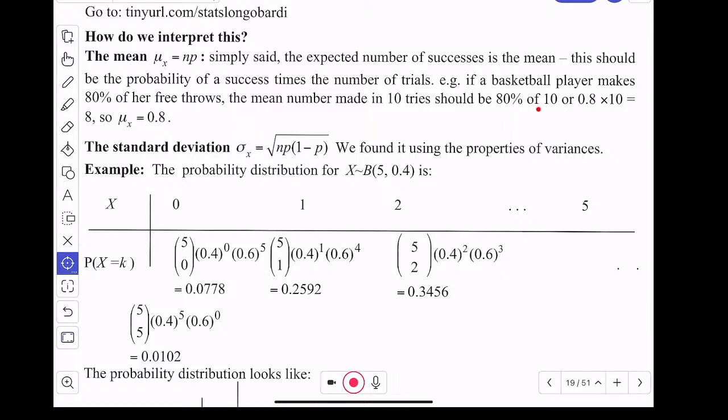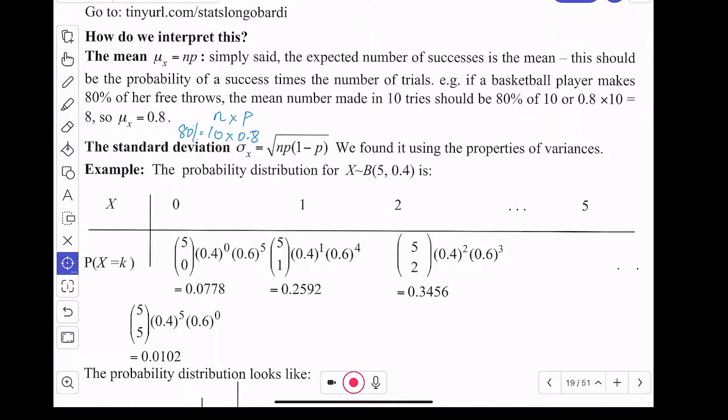Well, I took 10, multiplied it by the chance that she makes it, and I get 8. So all I've done is taken n, which is the 10, times p, which is the probability of a success, and I got 8. So this n times p is actually the expected value or the mean.